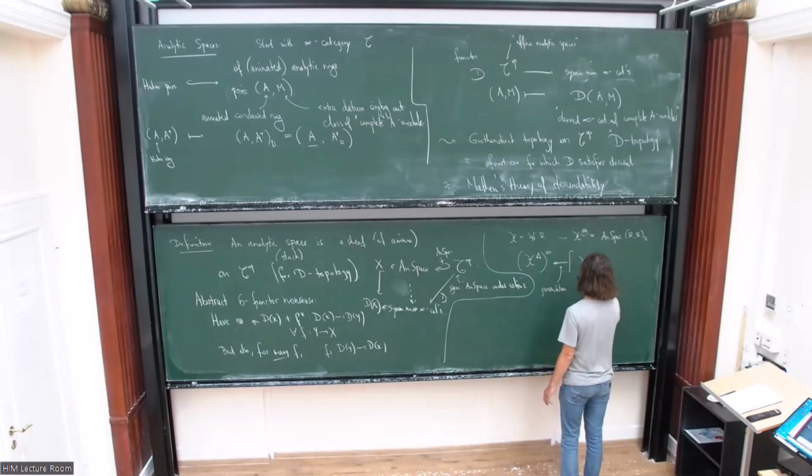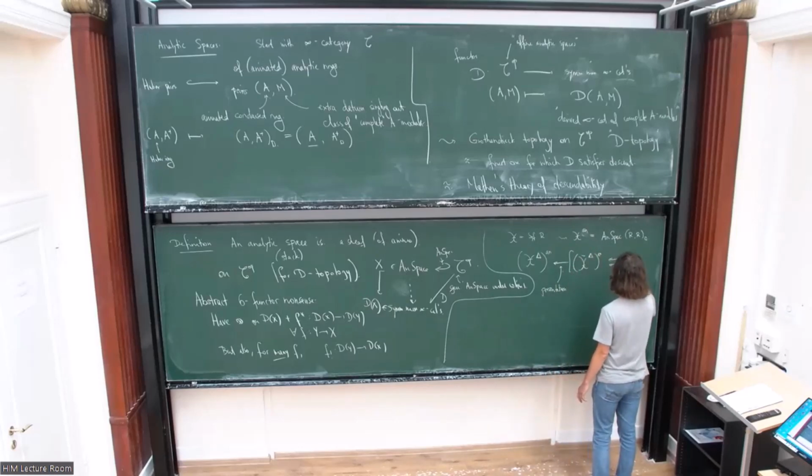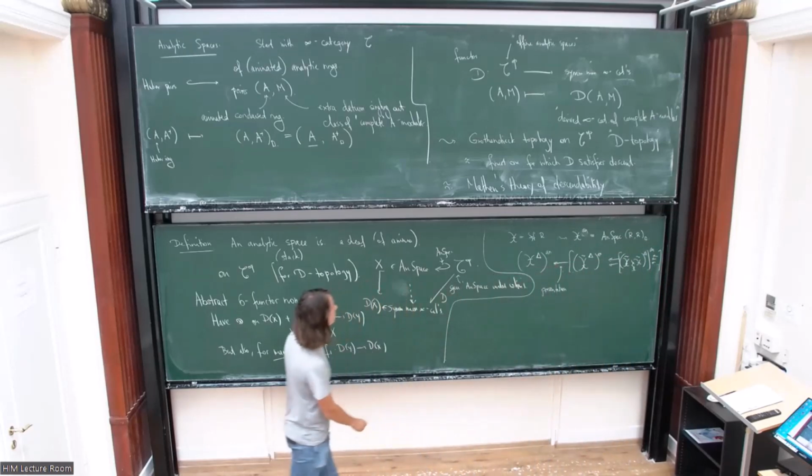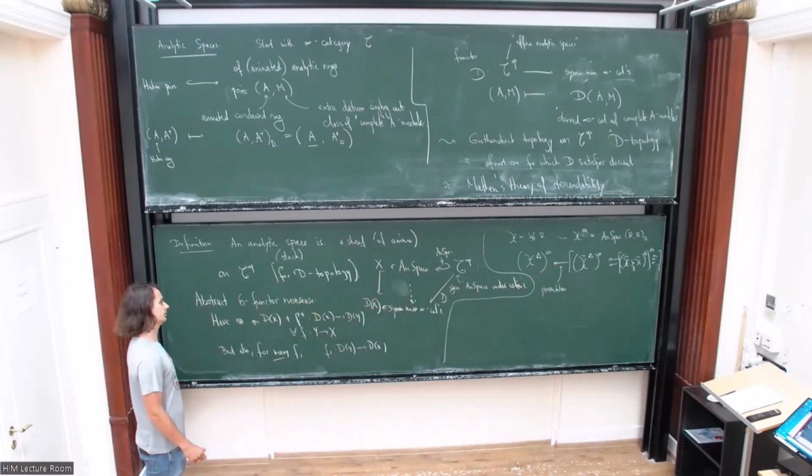And if I cover in terms of identifications of all these guys, which are affine. So this explains how I pass through the world of analytic spaces.